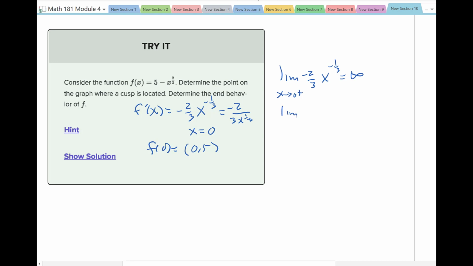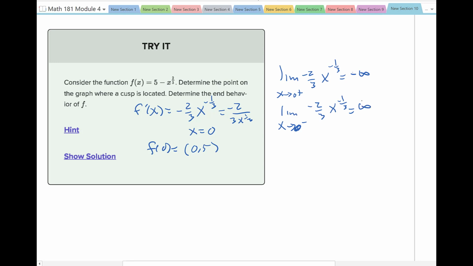And the limit as x approaches 0 from the left side of negative 2/3 x to the negative 1/3, because it's a negative infinity going in there, coming from that other side, that's going to be a positive infinity.